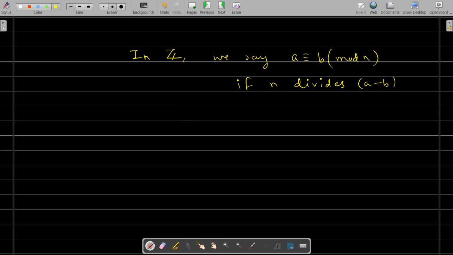Is there anybody who doesn't know congruence? Yeah. So I assume that everyone knows these things. Right? And in particular, let's deal with the case n equal to 4. So A is congruent to B mod 4 if 4 divides the difference A minus B.